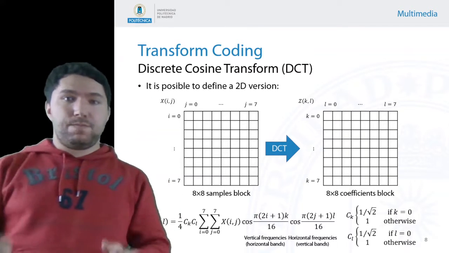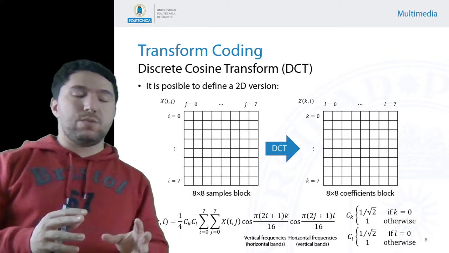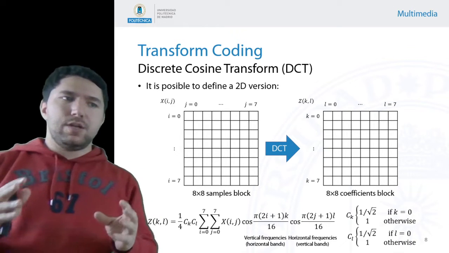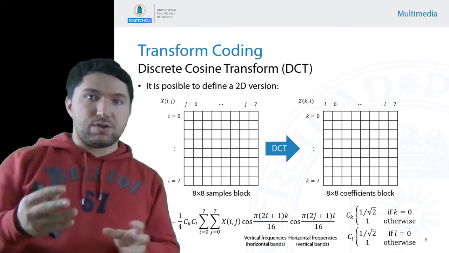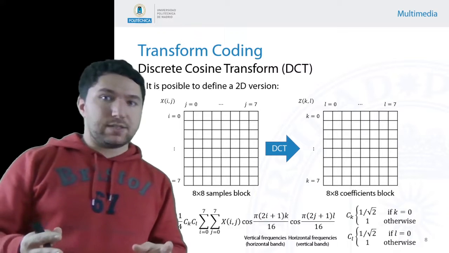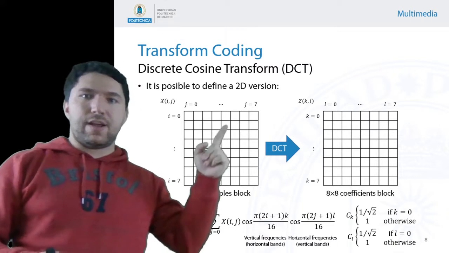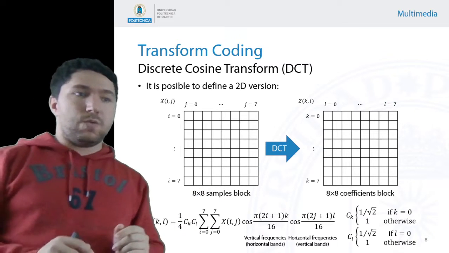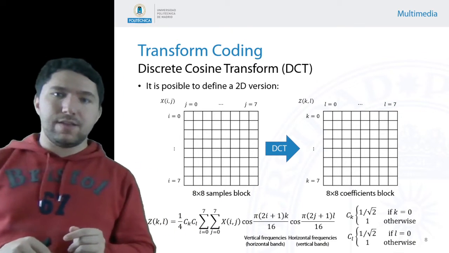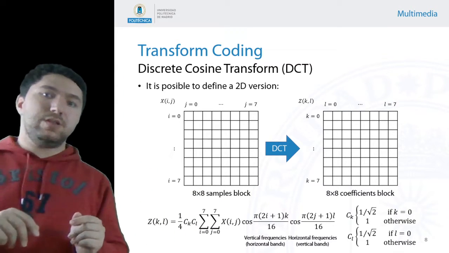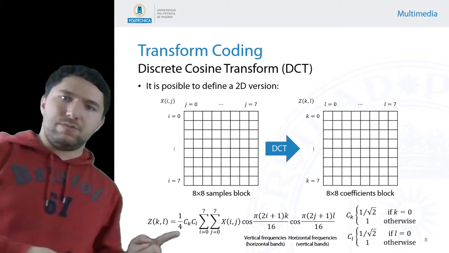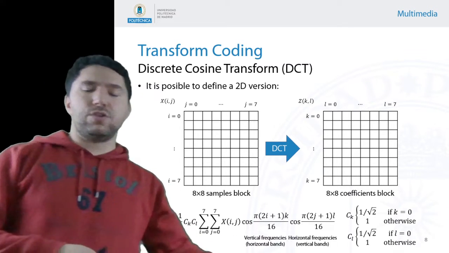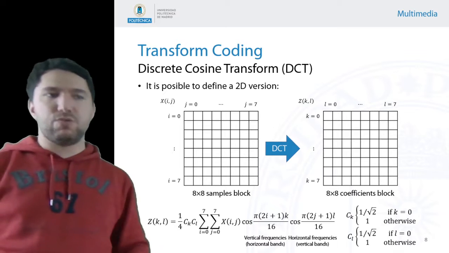Now if we move to pictures, in pictures we have two-dimensional sets of values, something like this. As I said, we are going to use 8 by 8 pixels. So in this case, what I need is a two-dimensional DCT. It's quite the same, but using two dimensions.